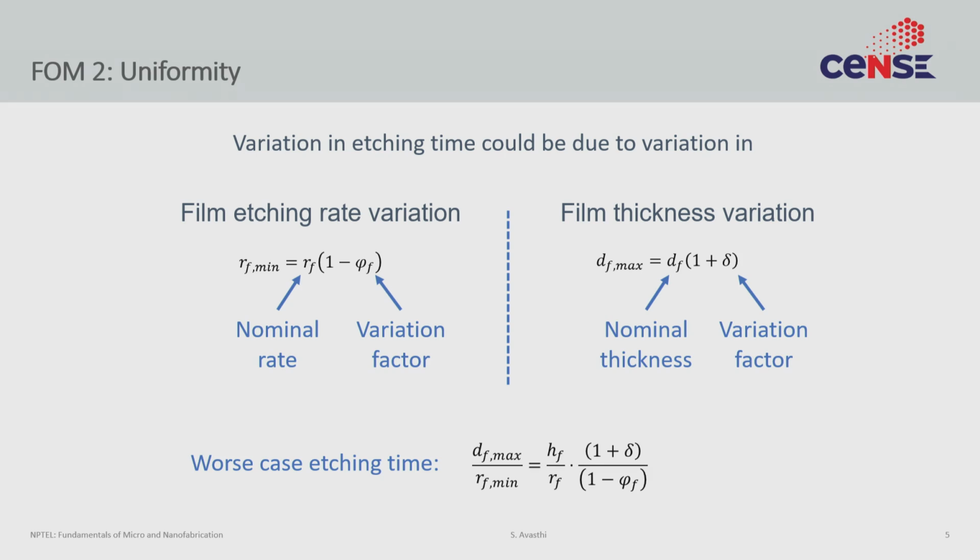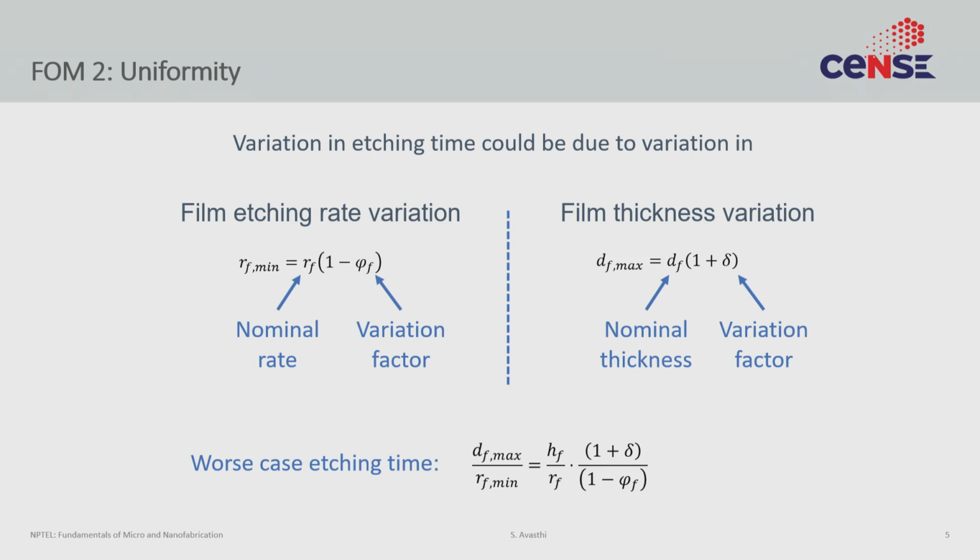In the worst case, you would have an etching rate that is slightly lower than nominal, but you would also have some non-uniformity associated with the film. So when you did the deposition, you had a nominal deposition rate, but that deposition rate was also not exactly uniform. So when you are calculating the etching time, you also have to remember that that film might also be non-uniform.